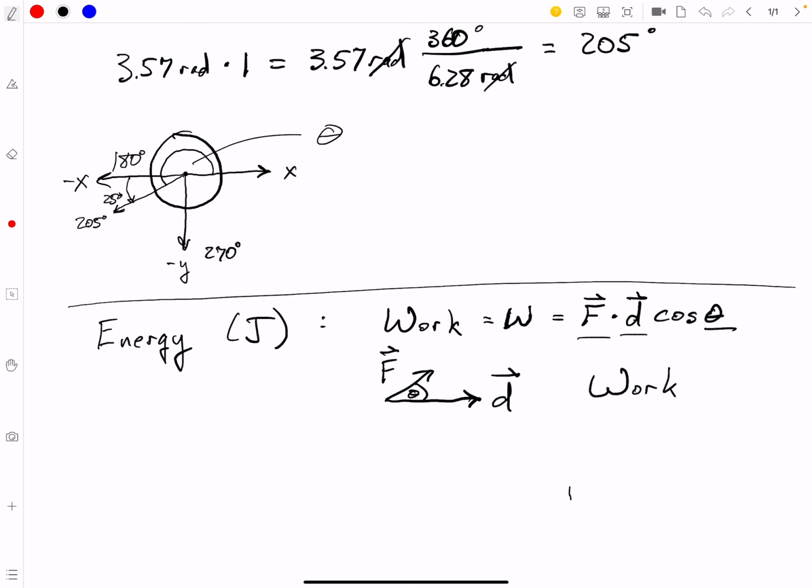So there's our work. Well, that same thing happens, only now our distance is going to be the same. You're going to still use distance in meters. And our force, though, could be an electromagnetic force, and it could be a charge that is moving. So we'll have that.